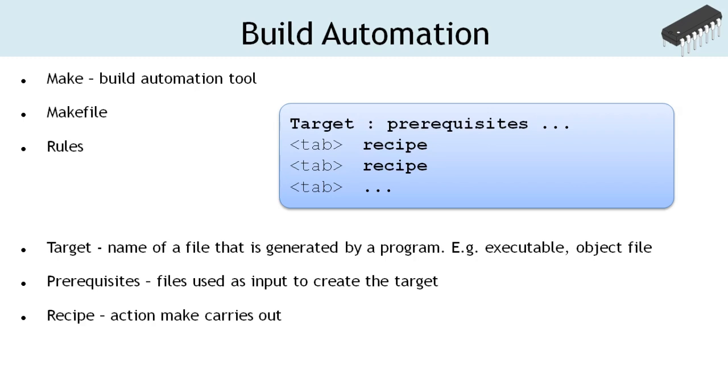A rule then explains how and when to remake certain files which are targets for the particular rule. Make carries out the recipe on the prerequisites to create or update the target. A makefile may contain other text beside rules, but a simple makefile contains rules only.